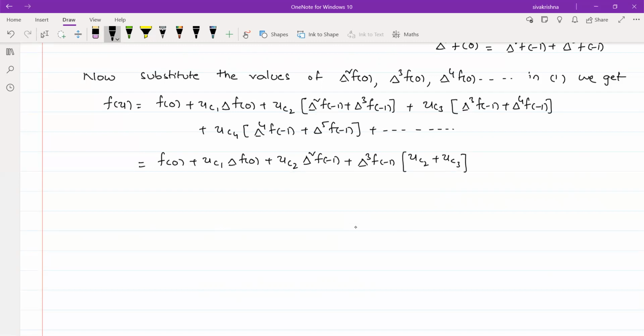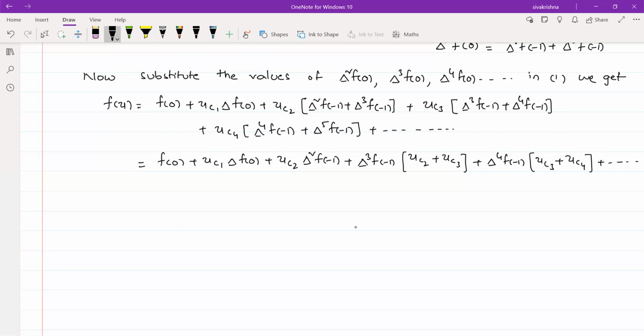Okay, the coefficient of delta cube f of minus 1 is uc2 as one term and the second one is uc3. Similarly, if we take delta power 4 f of minus 1, then also we get two terms. One is uc3 plus the second one is uc4. Okay, plus and so on.